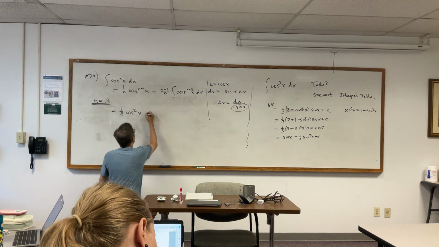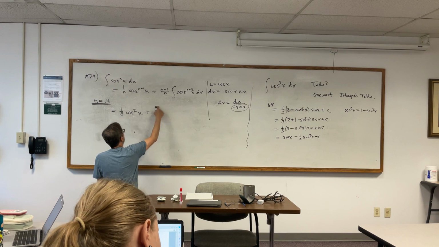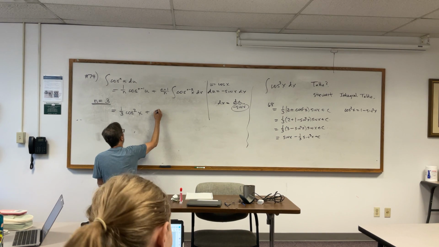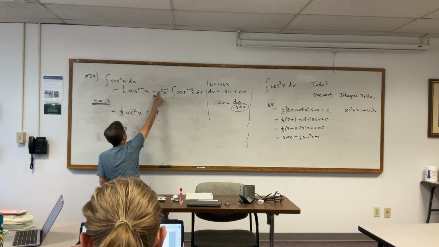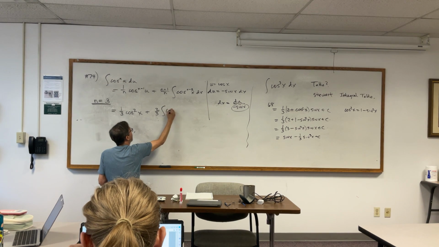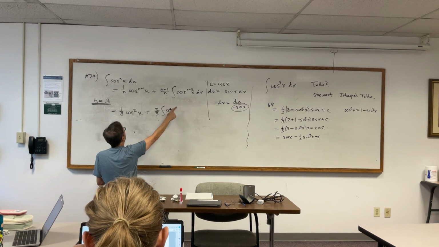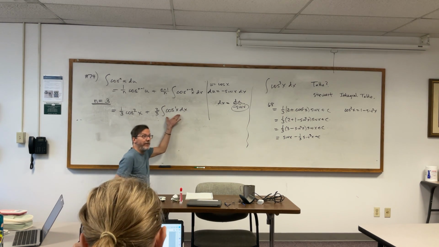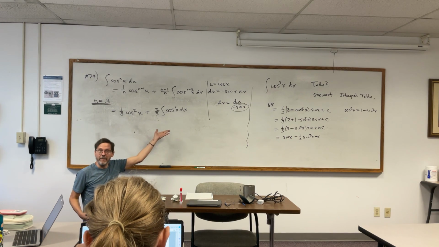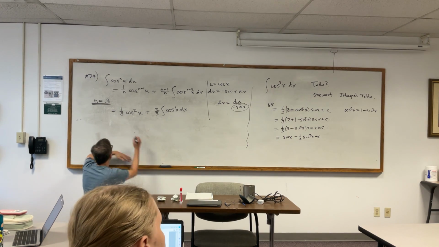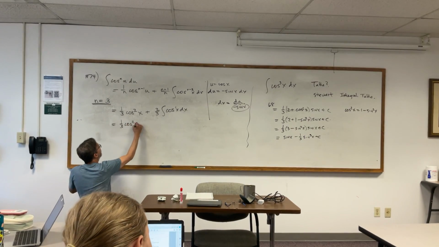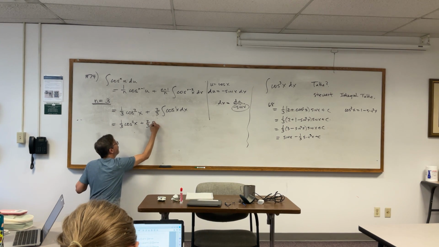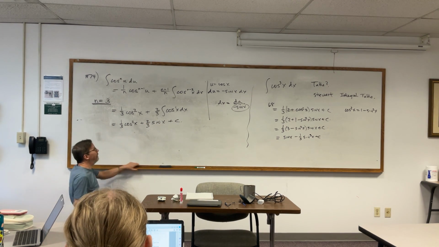And then plus, what's the coefficient out front? 2/3. 2/3 solid. n minus 1 is 2, n is 3. Integral cosine, what power? 1. Cosine the first, x dx. I can do that in my head. That's just a good old cosine. So then I whack this through, 1/3 cosine squared of x plus, and that came from sine, right? So 2/3 sine of x plus c.